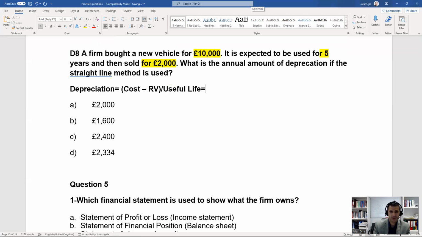If you apply it, the cost is £10,000 minus £2,000 residual value, divided by the useful life, which is 5 years. So that's 8,000 divided by 5, which makes £1,600.